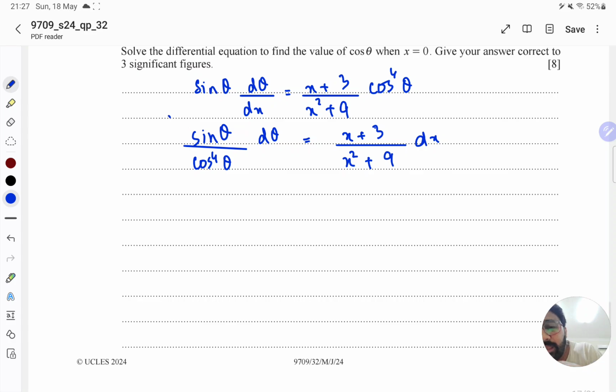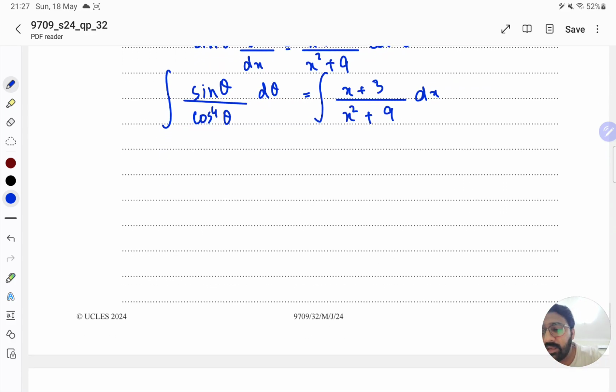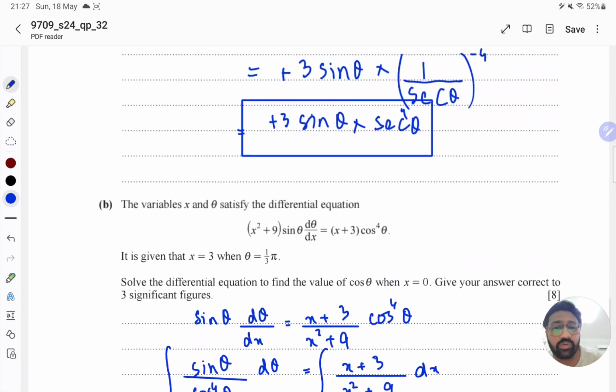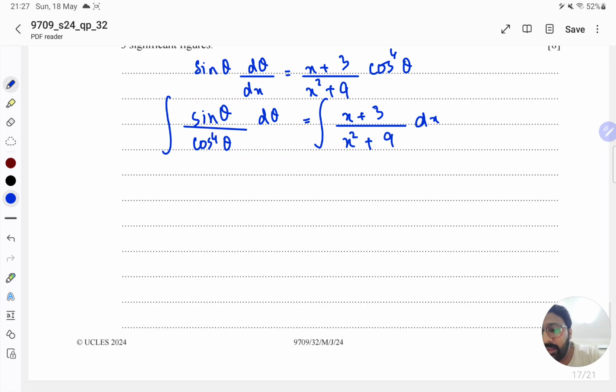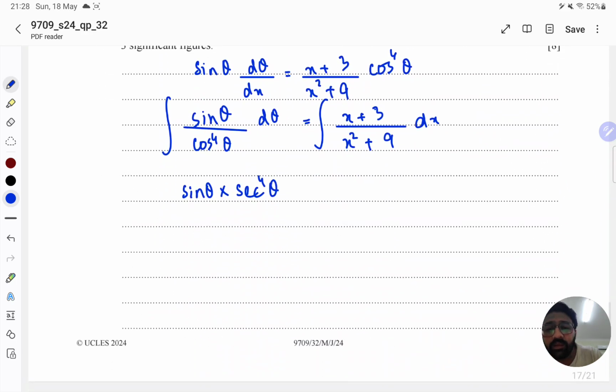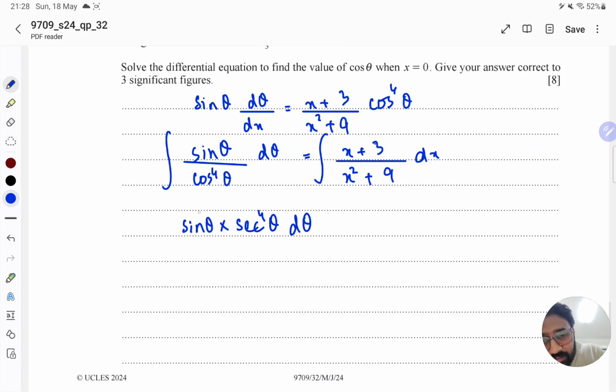Now I'll do the integration on both sides. Before doing the integration, I will change the cos 4 theta into secant 4 theta, and that is going to be sine theta multiplied by secant 4 theta d theta.